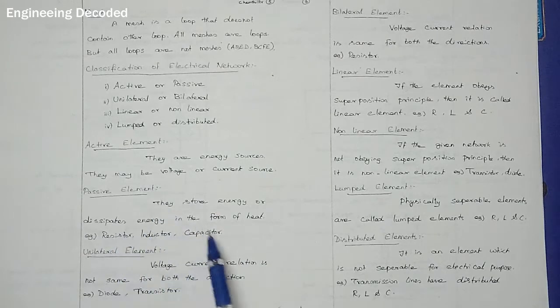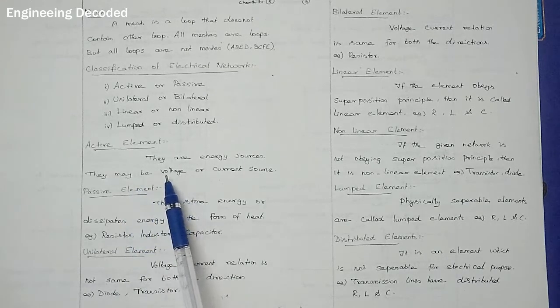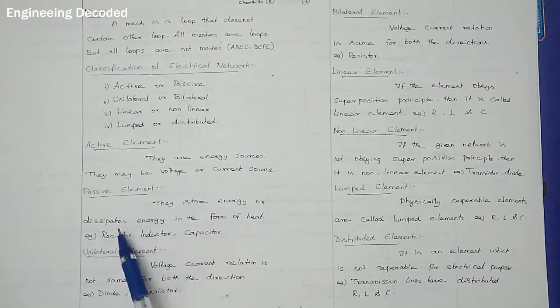So resistor, inductor, capacitor, so these elements will receive voltage or current from the source and it will dissipate in the form of heat in the case of a resistor, or it will store the charge in the case of inductor as well as capacitor.